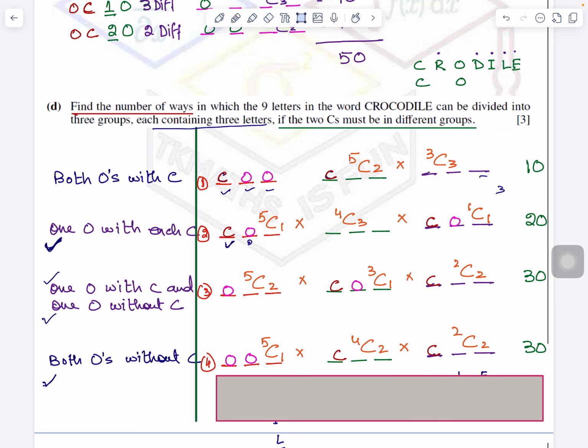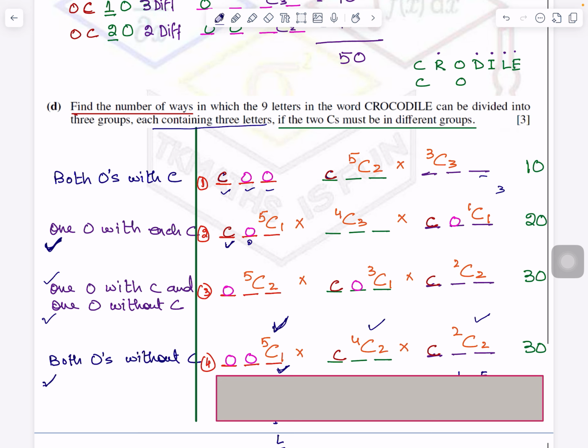See here. Now in this case, both O's are without C. So I'm showing it in the first group here. So again you are doing it exactly the same way. Out of 5 letters 1 will come here, of the remaining 4, 2 will come here, and the remaining 2 will come here, 2C2.